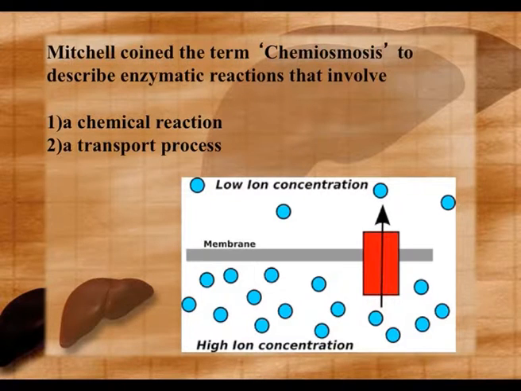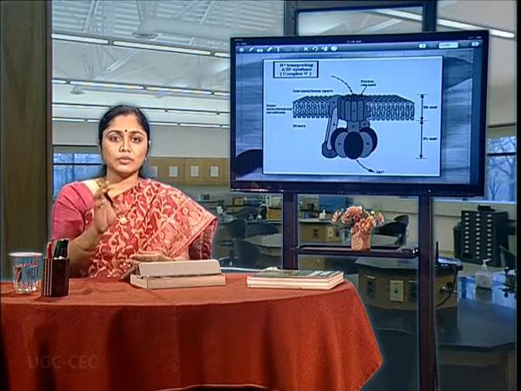Mitchell used the word chemiosmotic to describe an enzymatic reaction which involves at the same time a chemical process and a transport process.